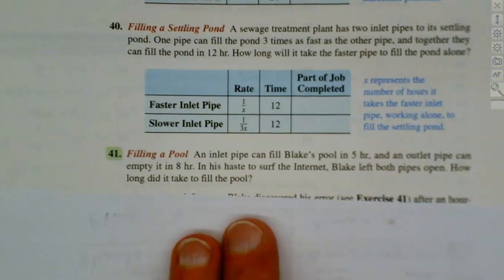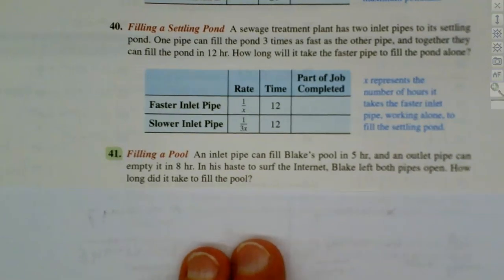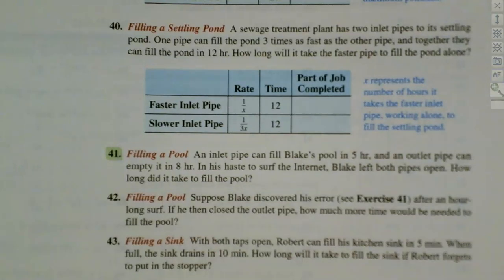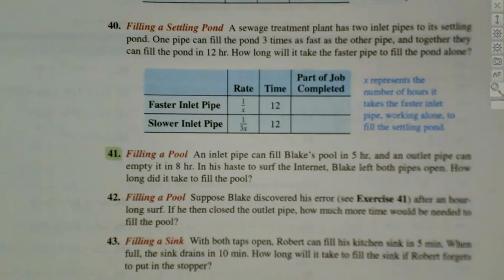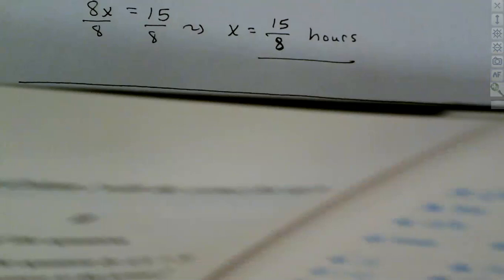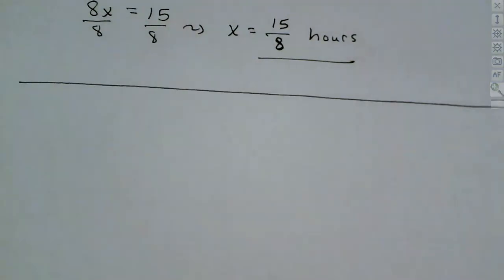An inlet pipe can fill Blake's pool in 5 hours, and an outlet can empty it in 8. In his haste to surf the internet, Blake left both pipes open, and we want to know how long it's going to take to fill this pool. So water's going in, and water's also going out.